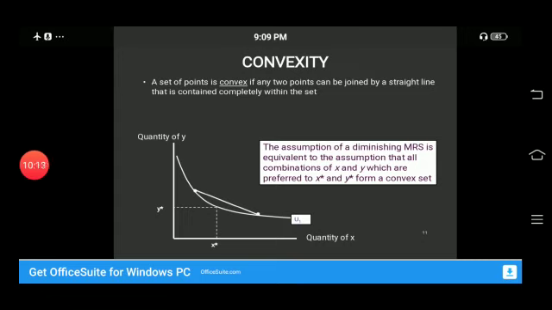The assumption of diminishing marginal utility is equivalent to the assumption that all combinations of x and y which are preferred to x star and y star form a convex set. It means that other than x star and y star, if you take any point, it will be beyond the indifference curve. It will be greater, it would be preferred. So any point you take would be preferred. This is the convexity property.